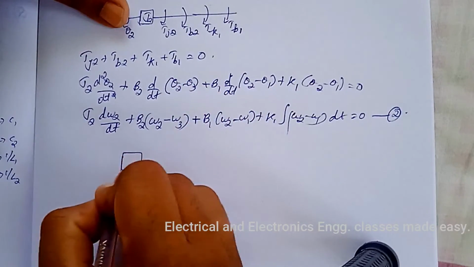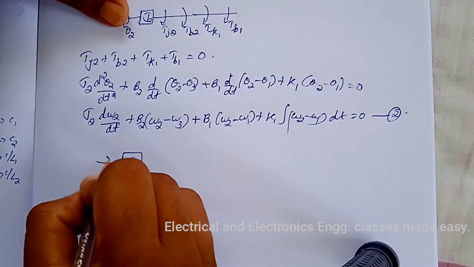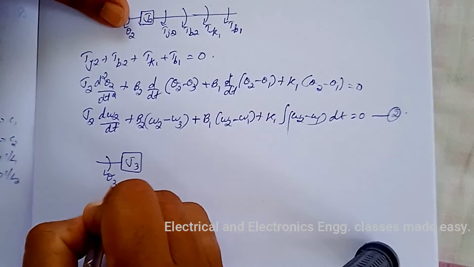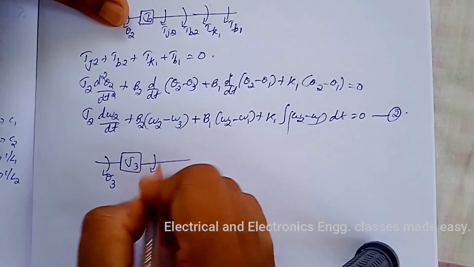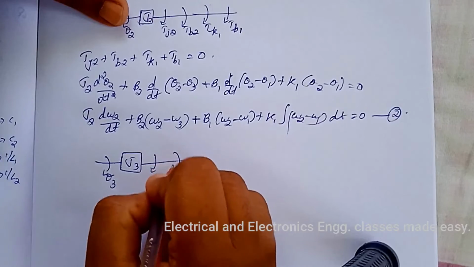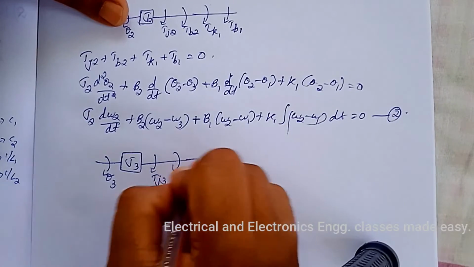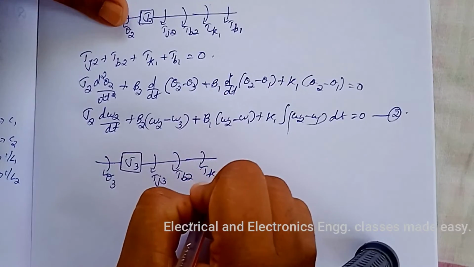So for J3, angular displacement is theta 3, then opposing torques are T J3, then T B2, T K3.